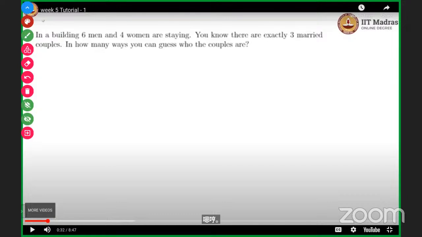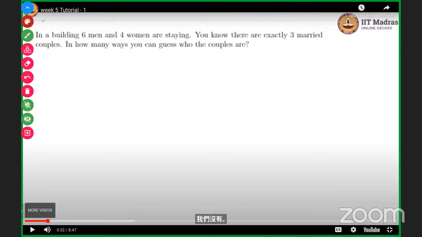You have 6 men and 4 women, so not more than 24 pairs. Then how do we get 480? I may be completely wrong, but I'm not understanding that. How many ways can you choose couples? That's the question. So the maximum number of couples could be only 24, isn't it?